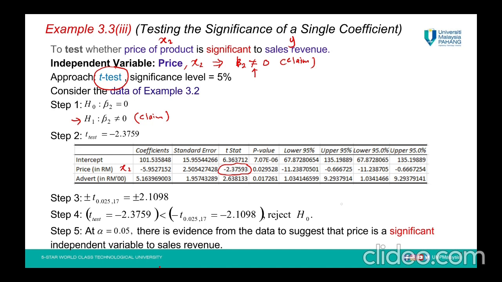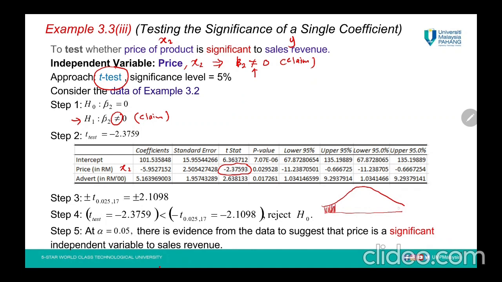So complete step 2. Now we go to step 3. In step 3, we want to establish the test criterion by determining the rejection region and critical value. In step 2, we use the t-test, so we plot the t distribution. To determine the rejection region, we look at the inequality used in H1, that is not equals to, which means this is a two-tailed test, so we have 2 rejection regions.